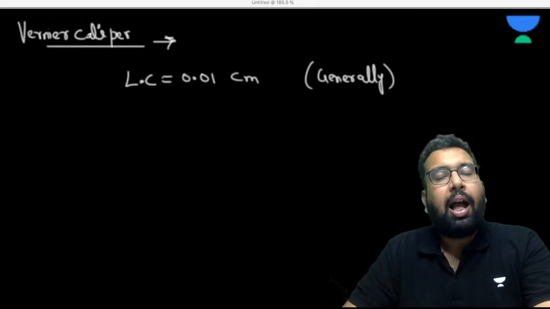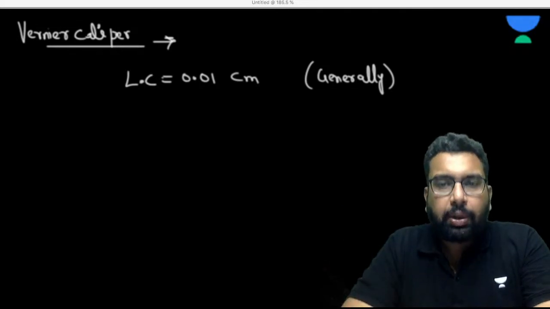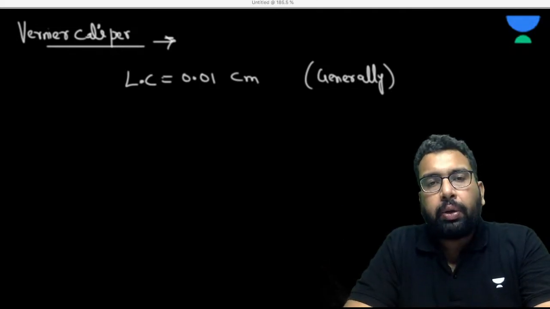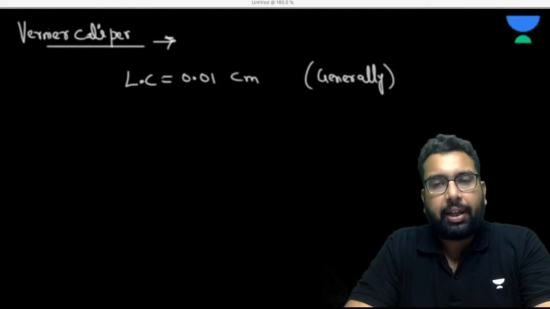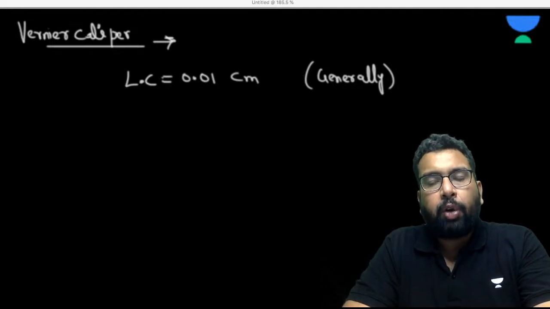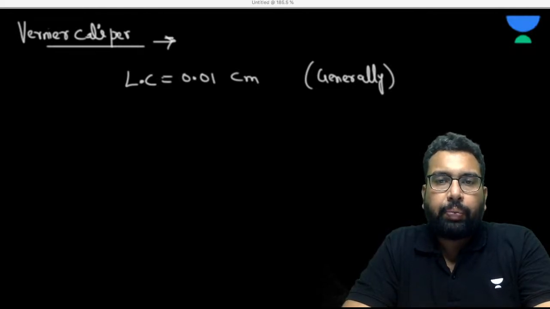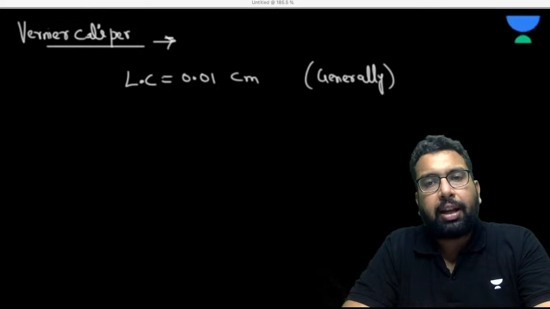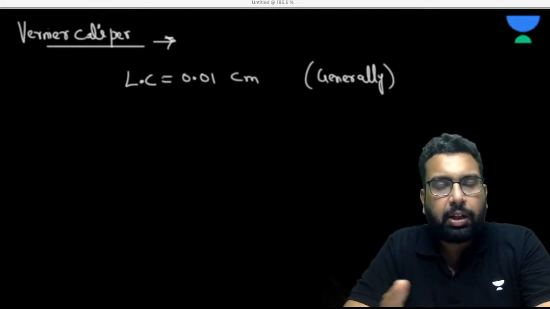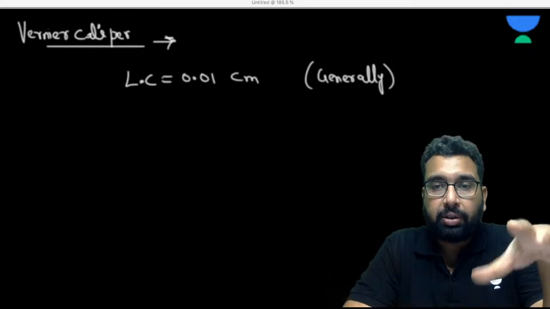But remember, when you see a problem of vernier caliper, don't presume that it has a least count of 0.01 centimeter. I'll give you the ways to calculate the least count of the vernier caliper. We'll solve questions, and from the questions we'll come to know how to calculate it. Why am I putting so much emphasis on this?